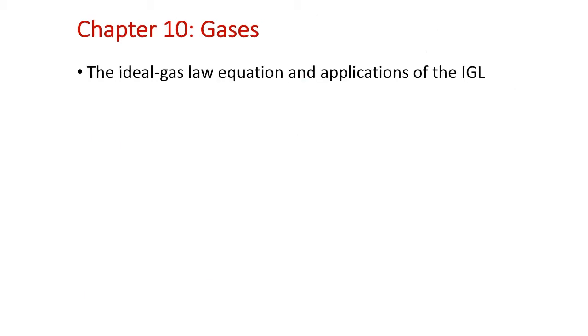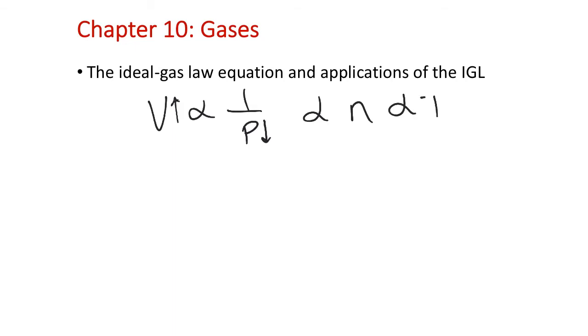So let's take a look at the relationship between volume and the other quantities. Volume is directly proportional to 1 over pressure. Again, if you increase the volume of a gas, you are decreasing the pressure and vice versa. And you also have that volume is directly proportional to the quantity and to the temperature.